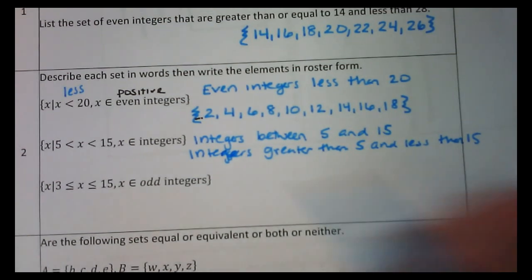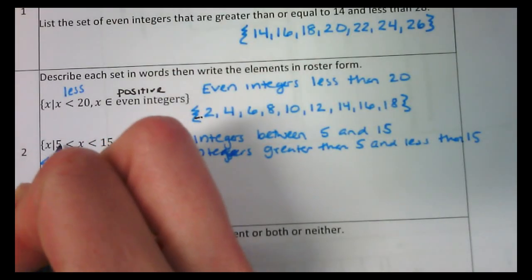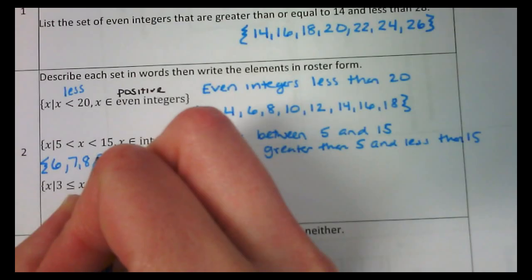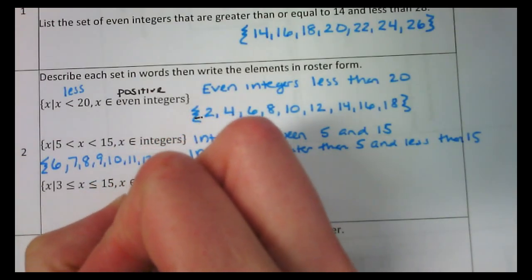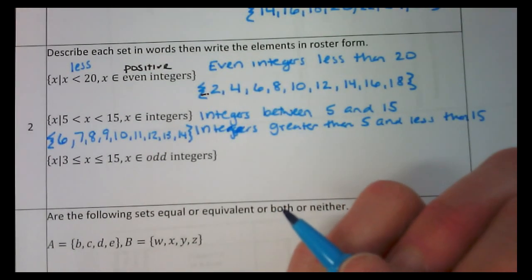Either way works. When I list them out, I'm going to start with 6 because I can't include 5. 7, 8, 9, 10, 11, 12, 13, and I'm going to stop at 14 because I can't include 15.